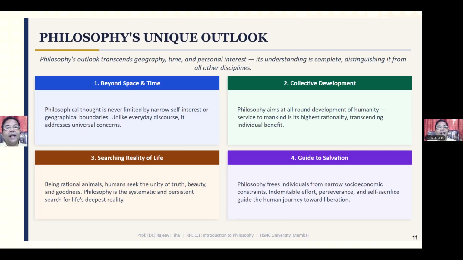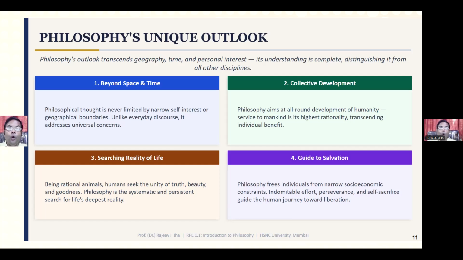Fourth, guide to salvation. Philosophy frees us from narrow socio-economic constraints, orienting us toward the liberation that comes through indomitable effort and self-sacrifice.